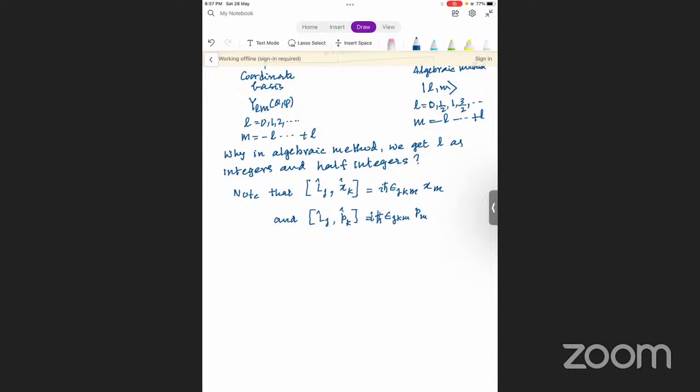H cross, very good. So this L also satisfies the same commutation relations. I would request you to prove this using the same procedure that we have used in the last class for the angular momentum commutation relations.